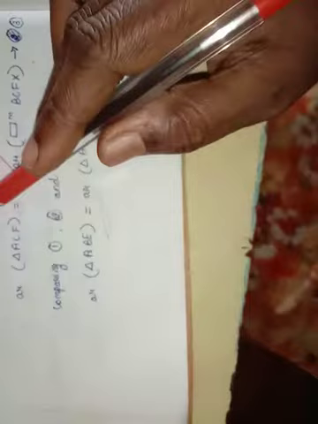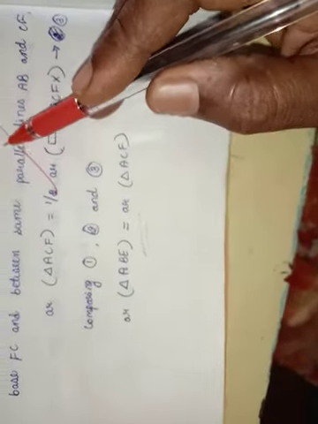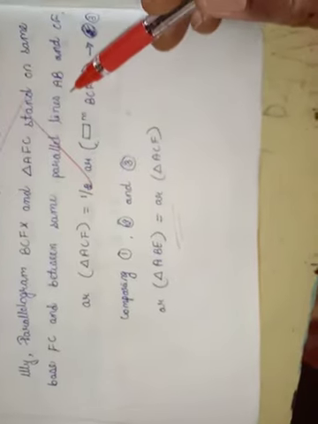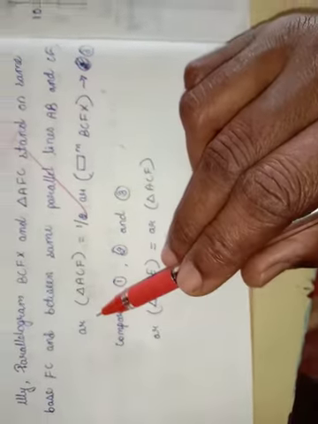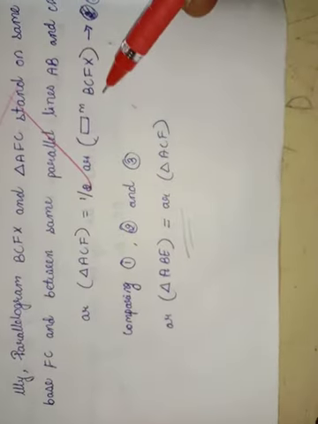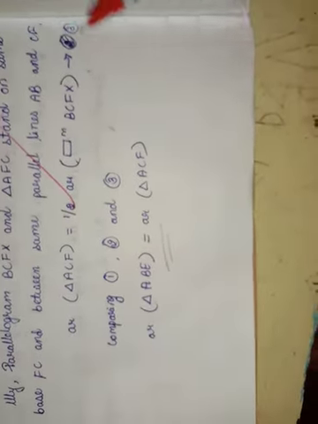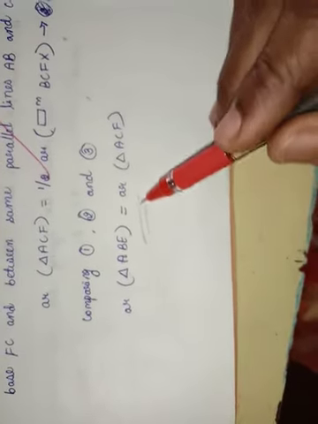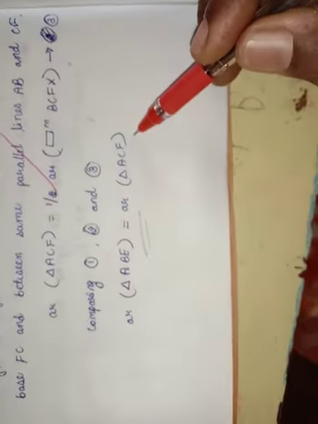Call this 2. Then similarly, parallelogram BCFX and triangle AFC stand on the same base FC and between the same parallel lines AB and CF. Therefore, area of triangle ACF is equal to half of the area of parallelogram BCFX, that is 3. Comparing 1, 2 and 3, area of triangle ABE is equal to area of triangle ACF.